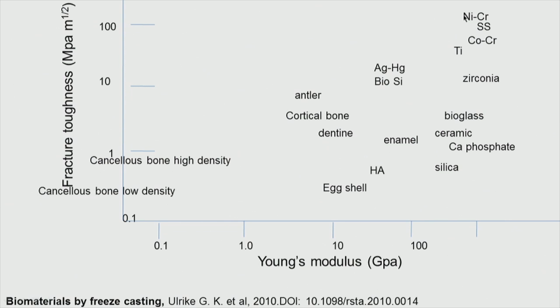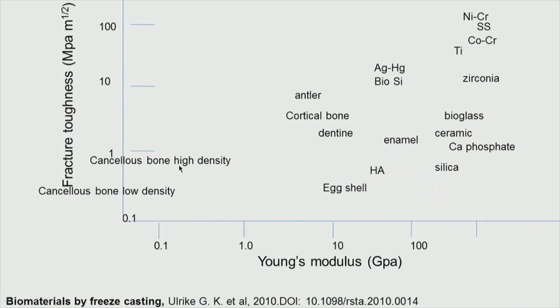Nickel, chromium, stainless steel, they all come here. This is the fracture toughness versus Young's modulus. Fracture toughness is very important. If there is a crack that is developed in the material, how long does it last without completely breaking? That is called fracture toughness. Whereas, if you take, for example, bones, cancellous bones, low density, high density, they have very low fracture toughness.